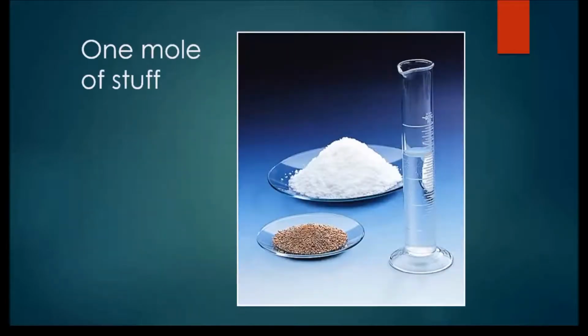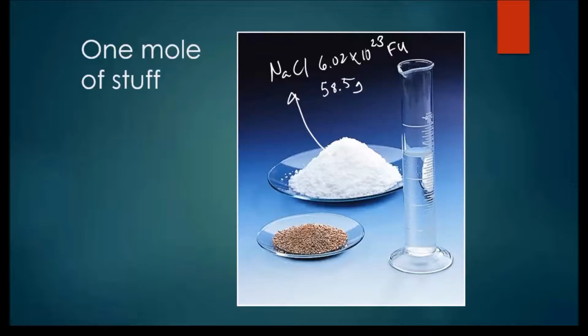So what does that mean? Look at this. This is sodium chloride. That is a pile of sodium chloride. There are 6.02 times 10 to the 23rd FUs. And that's the word that we use to refer to the smallest particle of an ionic compound. More importantly, there are 58.5 grams in there.